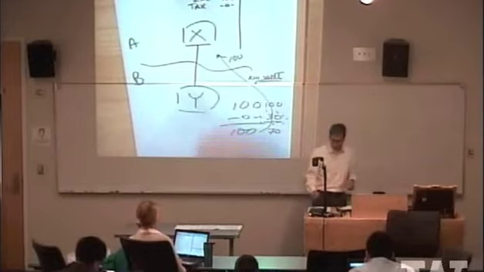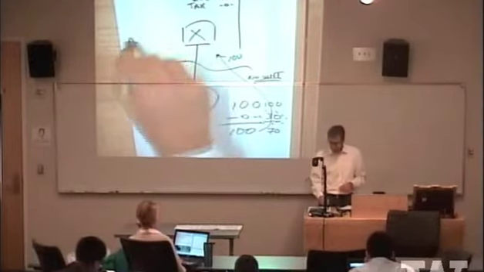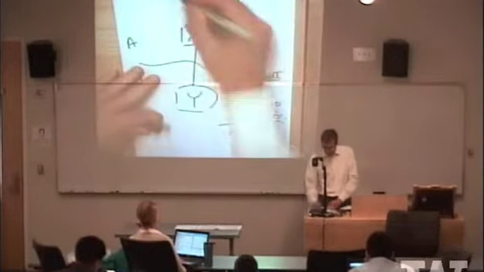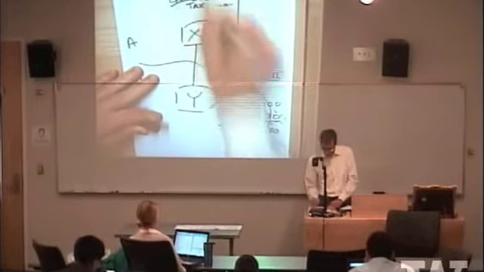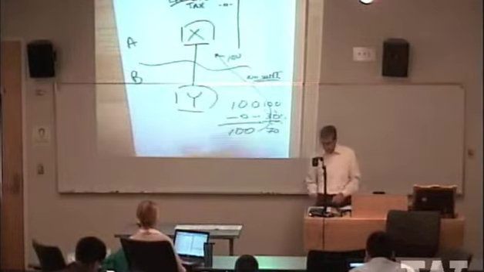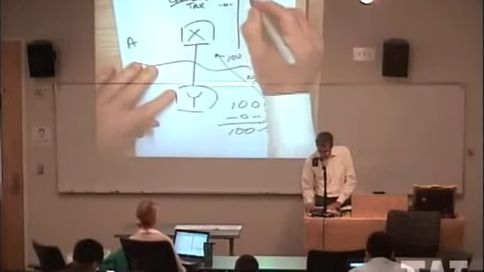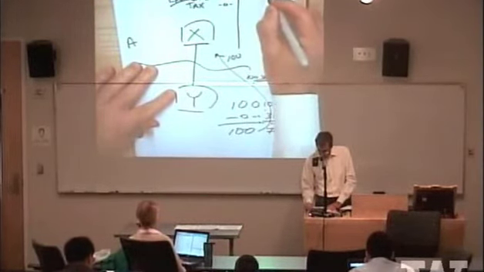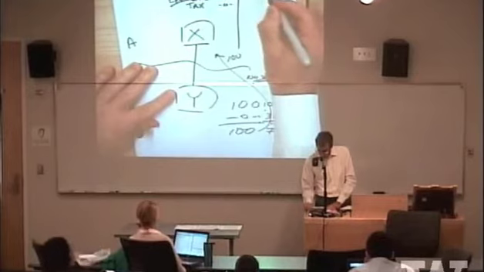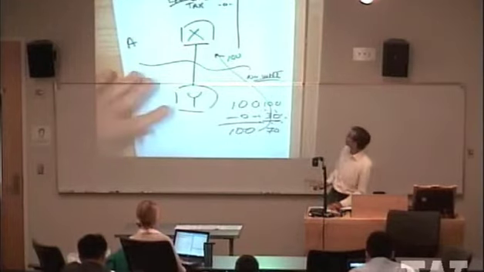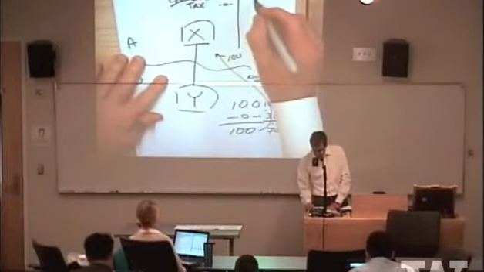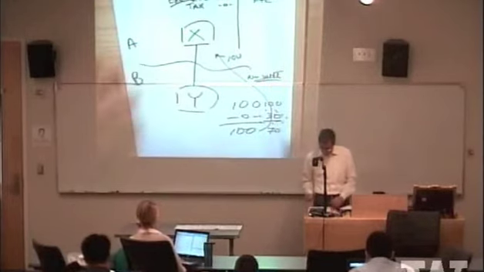Okay, now let's say that A is not an exclusion country where it exempts foreign income, but rather let's say it's worldwide taxation, and that it grants a foreign tax credit.